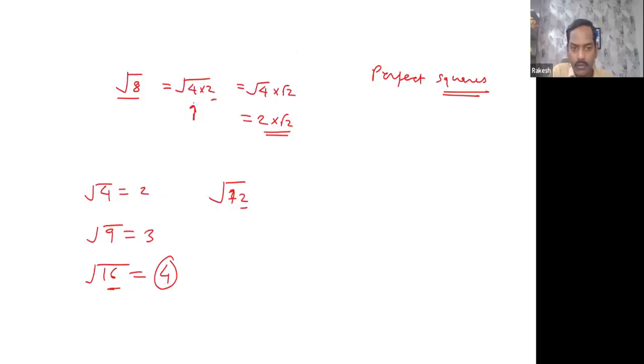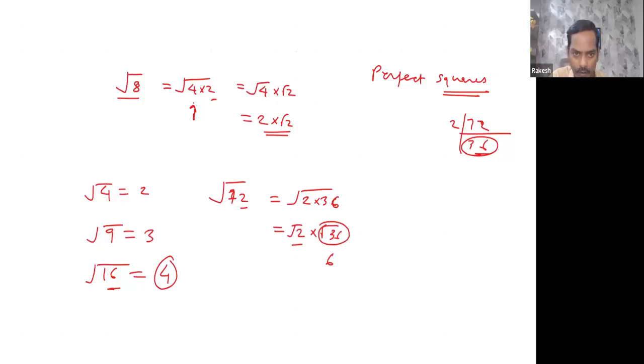So on prime factorization, we'll be getting 36. So this 36, we can observe that this is a perfect square. So the best way is to write this as 2 into 36. Why I'm doing so? Because I have got a perfect square. Now this can further be written as root of 2 into root of 36. This root of 36 is nothing but equal to 6. So it is 6 multiplied by root of 2. So this is the simplified way of this.